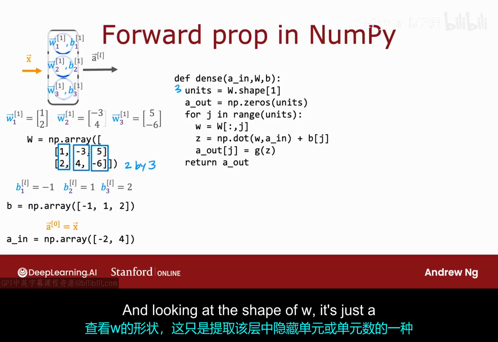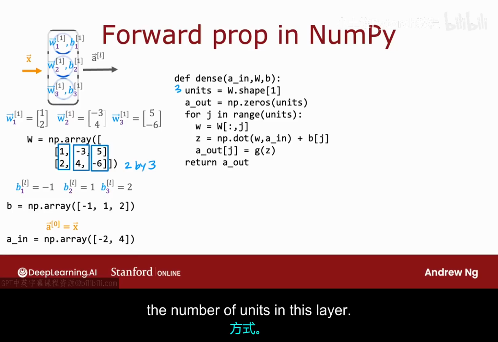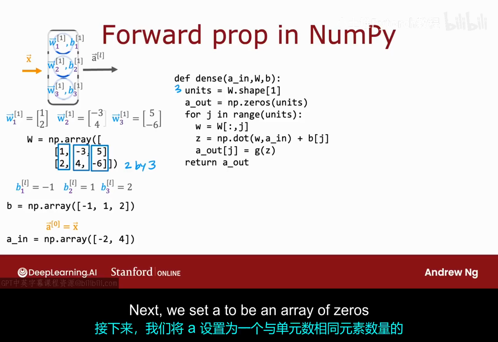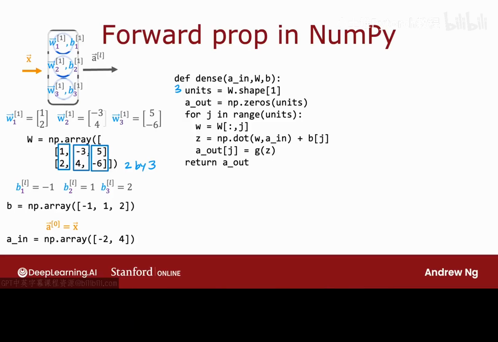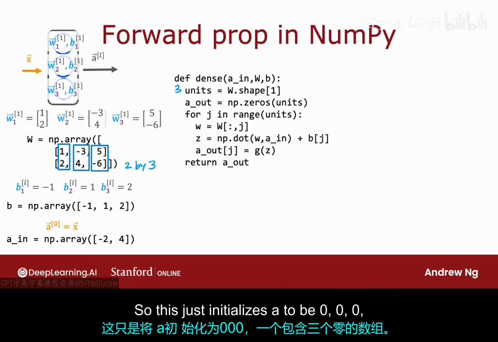And looking at the shape of W is just a way of pulling out the number of hidden units in this layer. Next, we set A to be an array of zeros with as many elements as there are units. So in this example, we need to output 3 activation values. So this just initializes A to be 0, 0, 0, an array of 3 zeros.